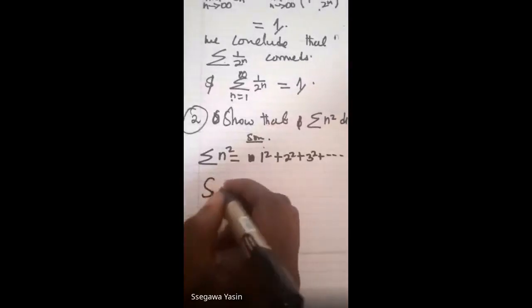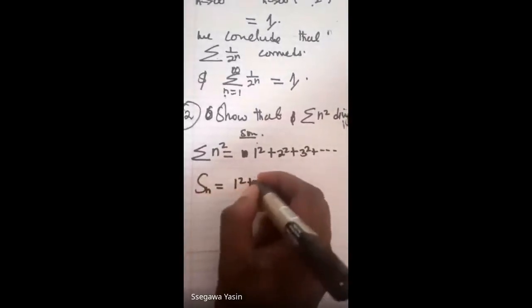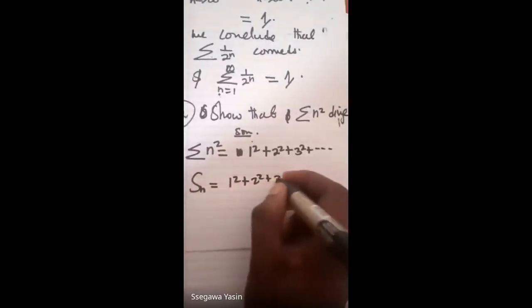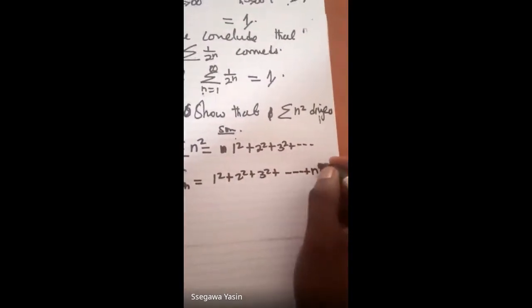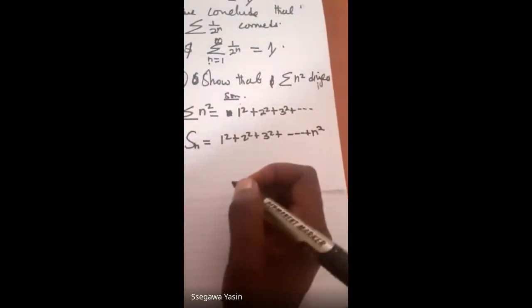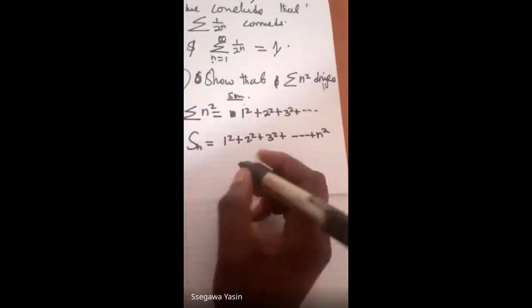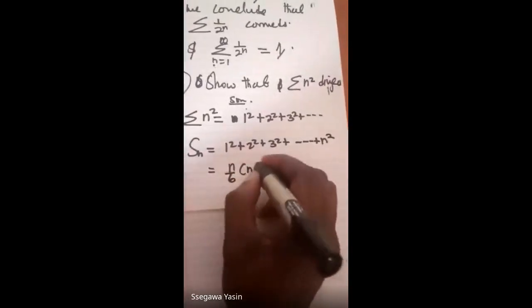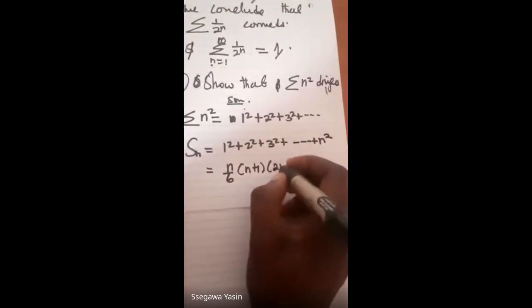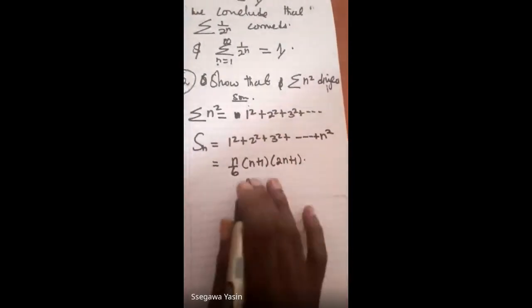So our Sn equals what? It is 1 squared plus 2 squared plus 3 squared plus up to n squared. This is already the standard definition we know. And this is equivalent to n over 6 into n plus 1 into 2n plus 1 from the other definitions.